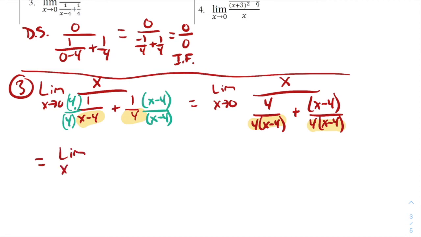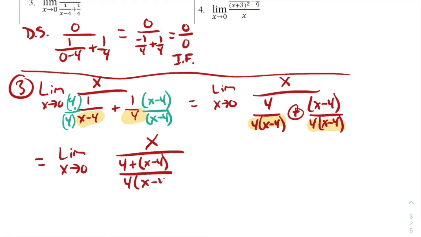So I'm going to rewrite. This is the limit as x approaches 0. That x is still up there in the numerator. But now, because we're adding these two fractions together, this is now going to be 4 plus x minus 4, all over one fraction, so 4 times x minus 4.